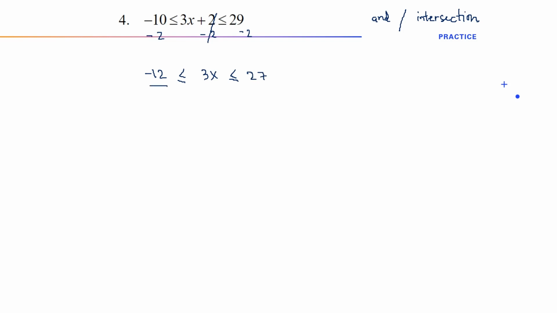Now divide all by 3. I will have negative 4 less than or equal to x less than or equal to 9. So how do we write it down? You see that we have the less than or equal to, so it will be bracket negative 4, comma, 9, close bracket, right?